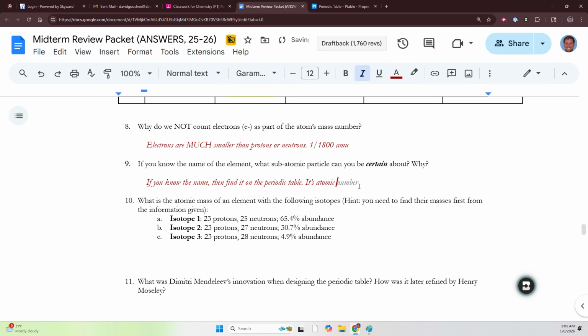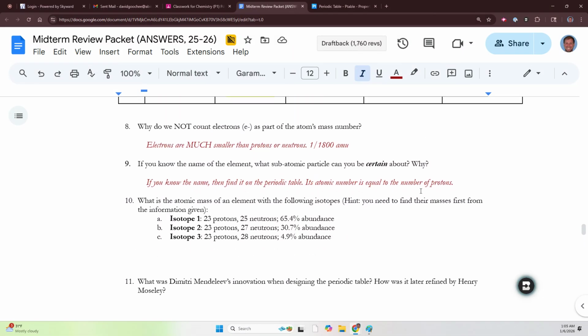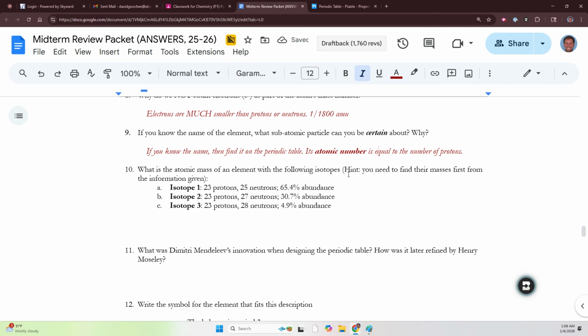Its atomic number is equal to the number of protons. If you know the name, look it up on the periodic table, and you can find its atomic number. And that is how many protons it has, all right?